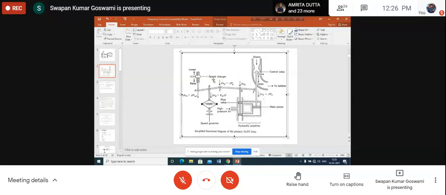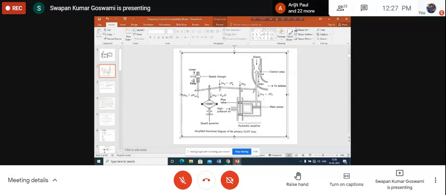Why is it called the speed changer? Because you are giving a power increase command or power decrease command. So for power increase or power decrease, the speed of the generator, it is a synchronous generator, finally will be rotating at synchronous speed. But immediately following this command, the speed must deviate from synchronous speed.